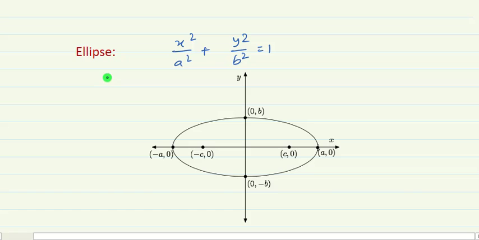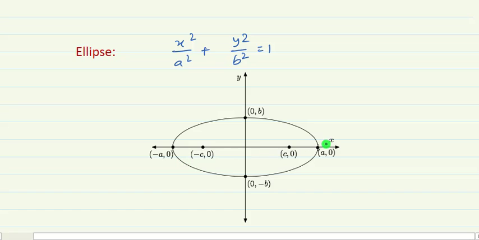Next, let us discuss the simplest form of ellipse. The equation of ellipse is given by x square upon a square plus y square upon b square is equal to 1. And here is the figure of ellipse, where the major axis has the coordinates as (minus a, 0) and (a, 0).